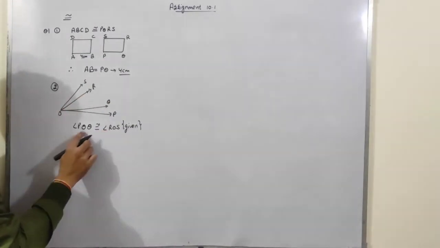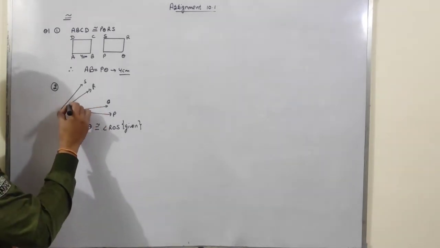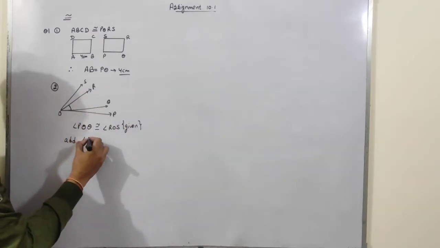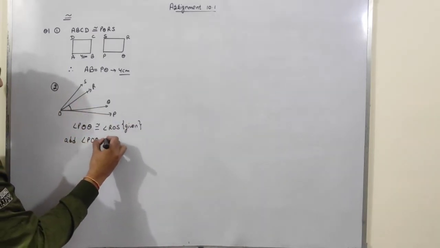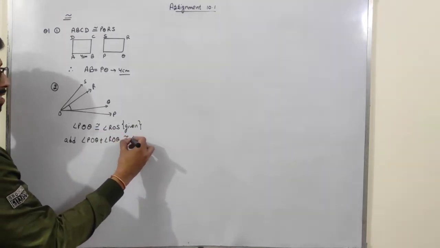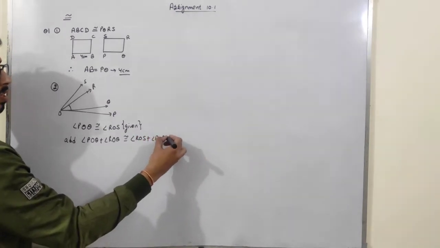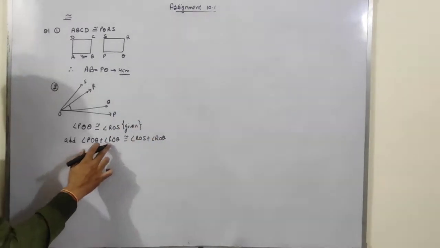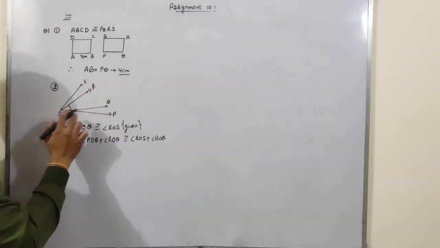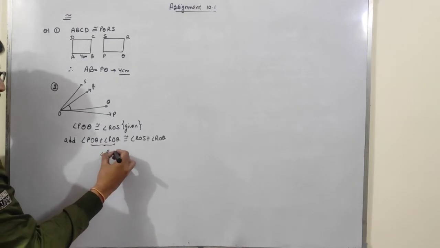See, if I add angle ROQ in both of them, keeping the congruency sign as it is, we get POQ plus ROQ congruent to ROS plus ROQ. POQ plus ROQ means POR.